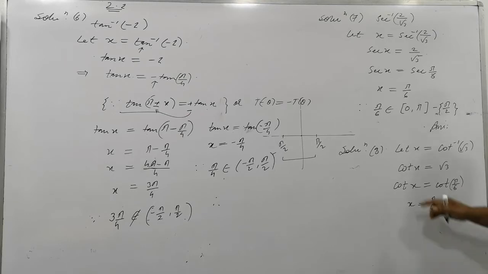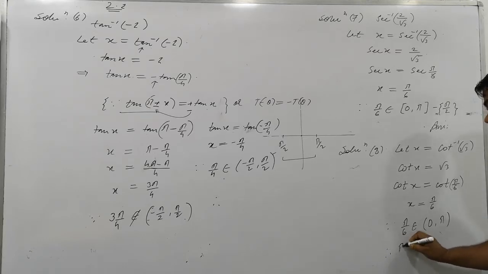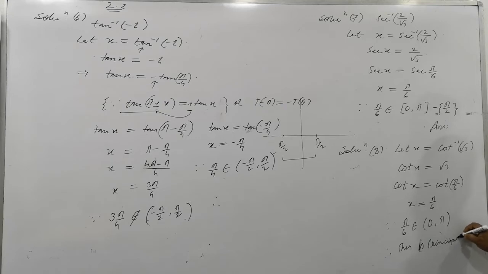What is the principal value range of cot inverse? 0 to pi. Since pi by 6 belongs to 0 to pi, open or closed? Open. Therefore, this is the principal value solution.